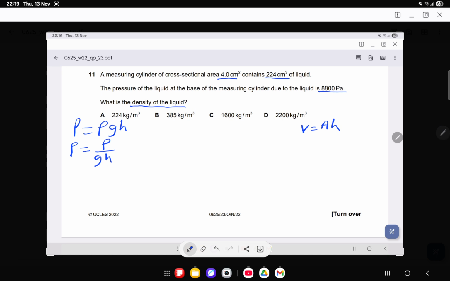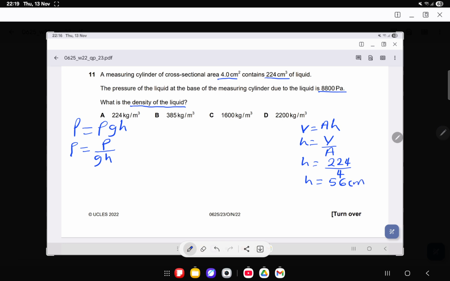So therefore, we can agree that h will be equal to the volume over the cross-sectional area. So therefore, we have h equal to 224 over 4. And the depth will be equal to 56 centimeters.